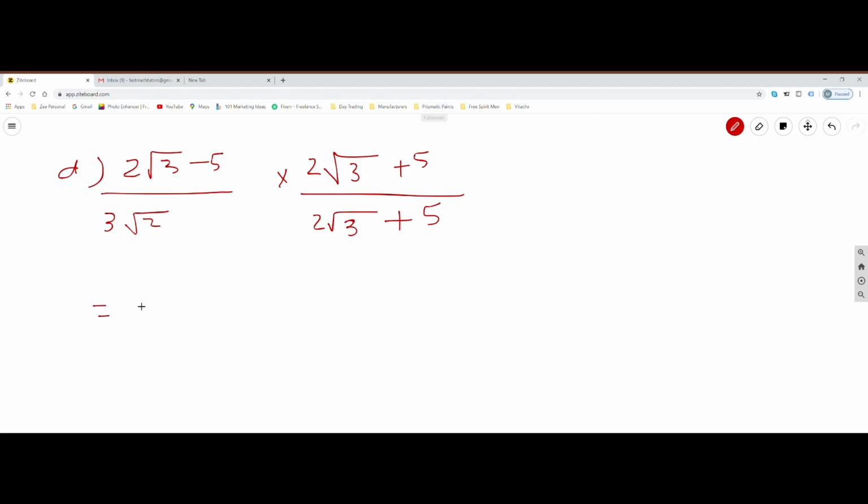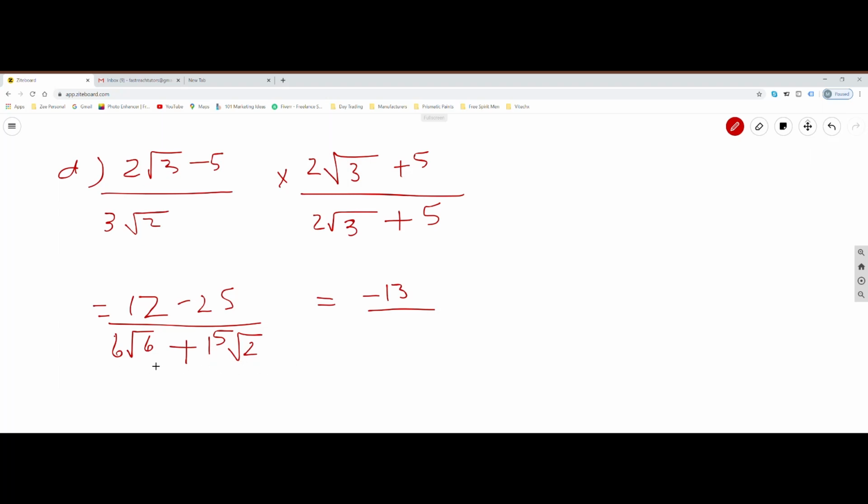Two times 3 is 12 minus 25 over 6 times square root 6 plus 15 square root 2. So you have negative 13 over here.